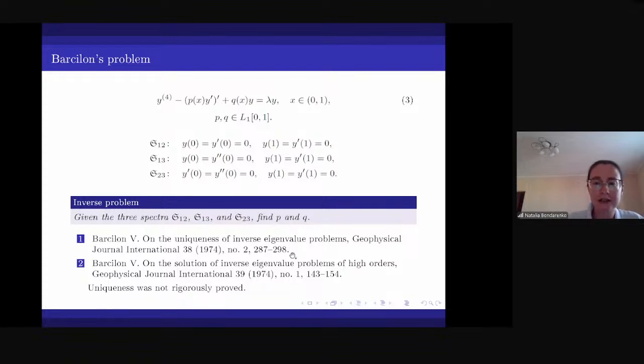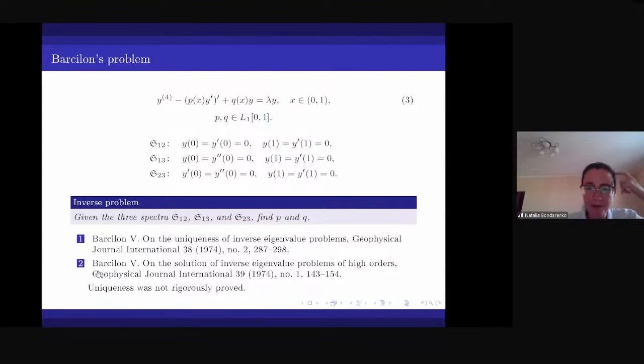As you can see, the journal is Geophysical Journal International, so Barcilon took this problem from some geophysical applications, and this paper actually is not rigorous from the mathematical viewpoint, and that's why the proof contains some inaccuracies.